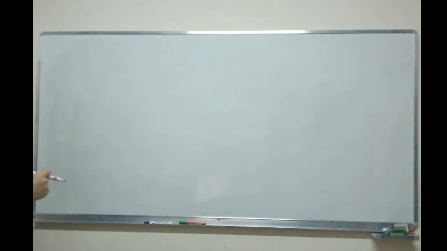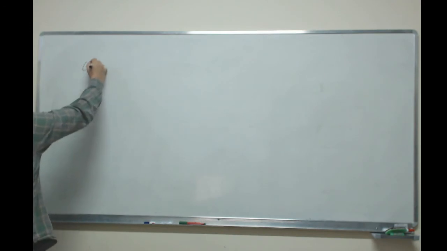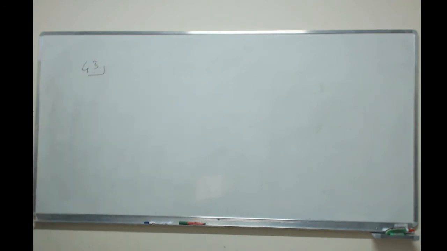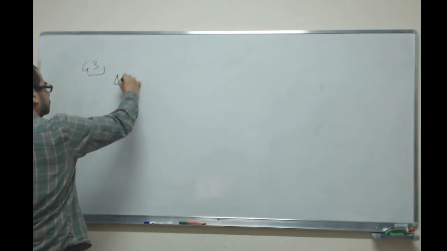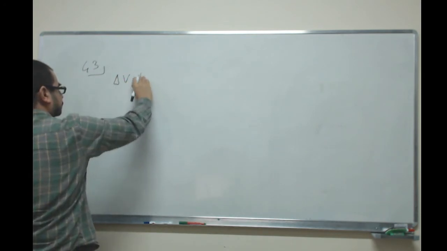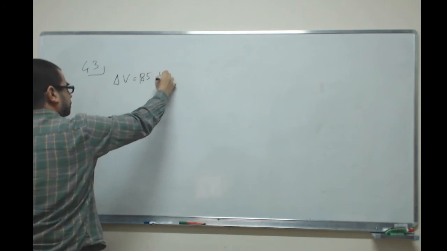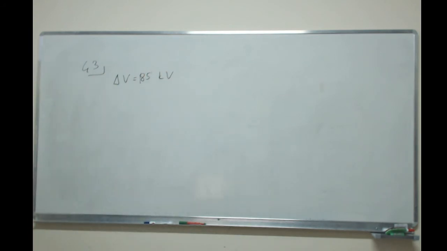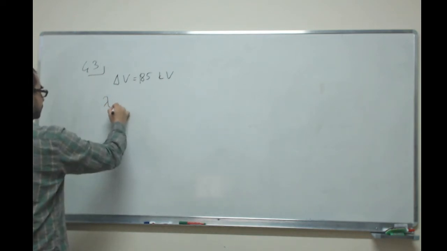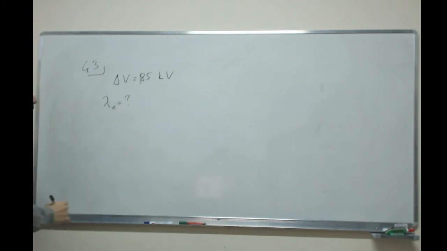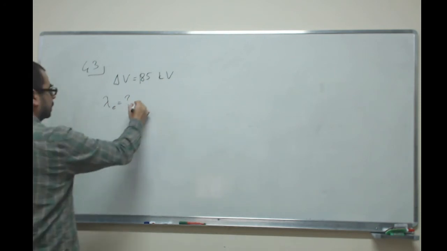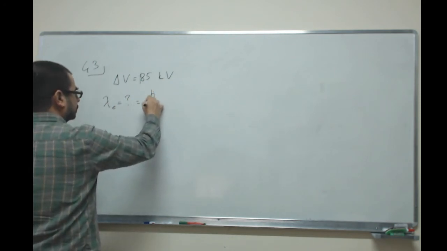Okay. So this is number 43. We have electrons accelerated through 85 kilovolts, and they're asking for the theoretical limit of resolution, so they're essentially asking for the wavelength of these electrons. As I said, this is given by the de Broglie relation.